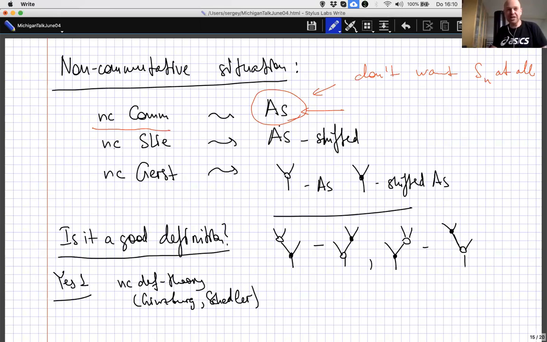Then the question is, what is the natural NC version of shifted Lie algebra? Well, I have an explanation why, but this explanation is a bit indirect. It's still the same associative algebra, but now shifted. Why is it the case?